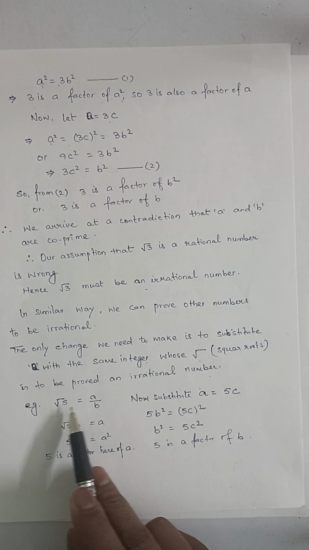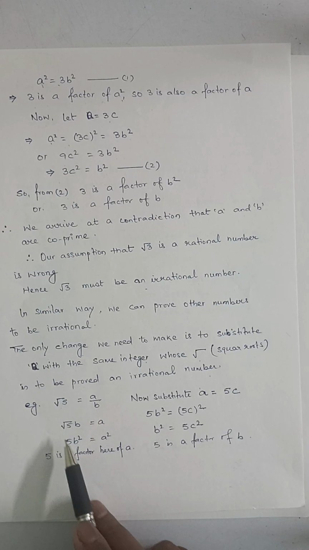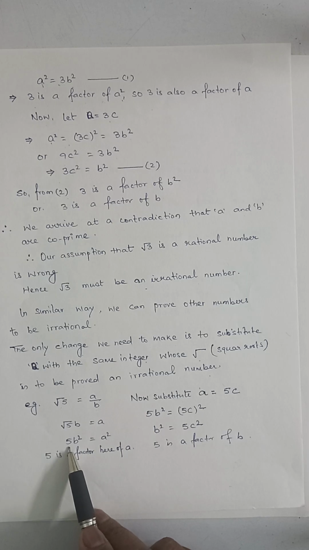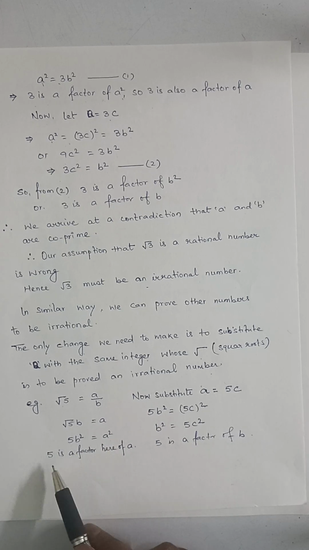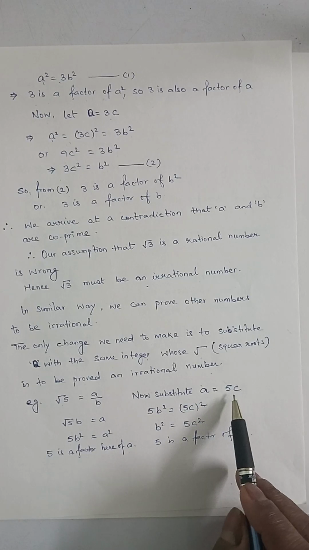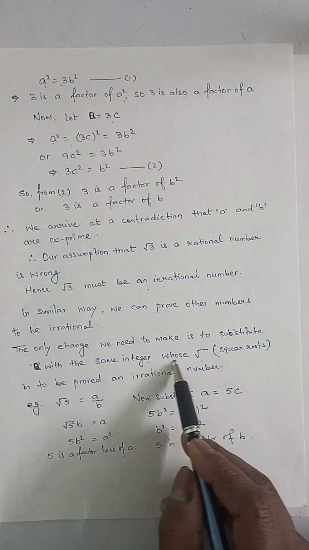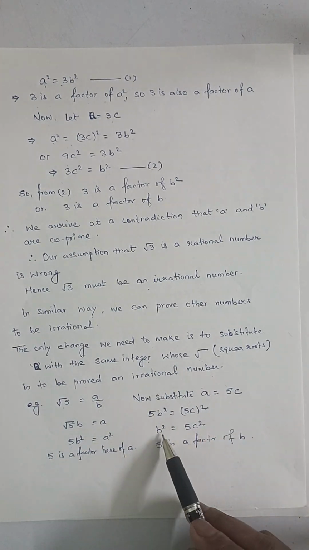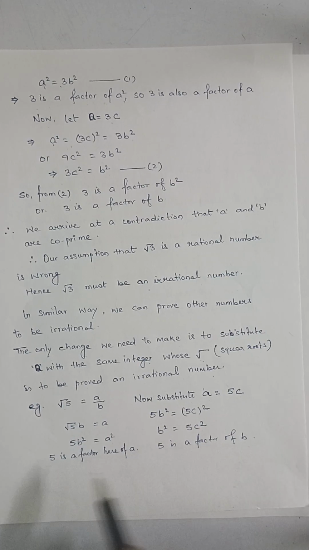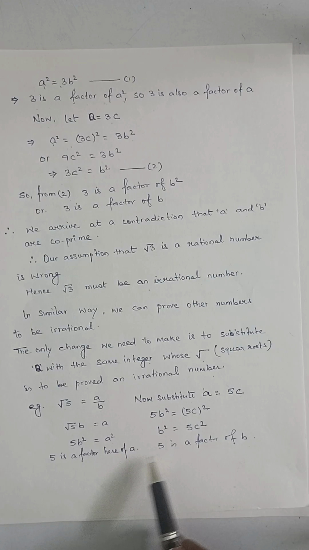Example, root 5 equals a upon b, where root 5 b equals a. This becomes 5b square equals a square, or 5 is a factor here of a. Now substitute a equals 5c. That is what I have explained here. Or b square equals 5c square, or 5 is a factor of b. So 5 becomes a common factor of a and b.